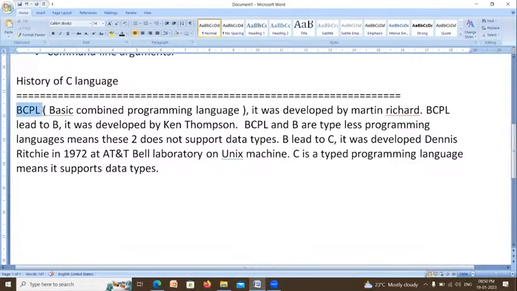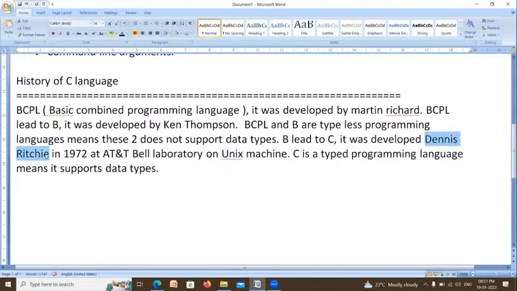Actually, I explained BCPL and B. These two are called typeless programming languages. The meaning of typeless is it does not support data types. From language B, a new programming language was developed, that is called C. C was developed by Dennis Ritchie.